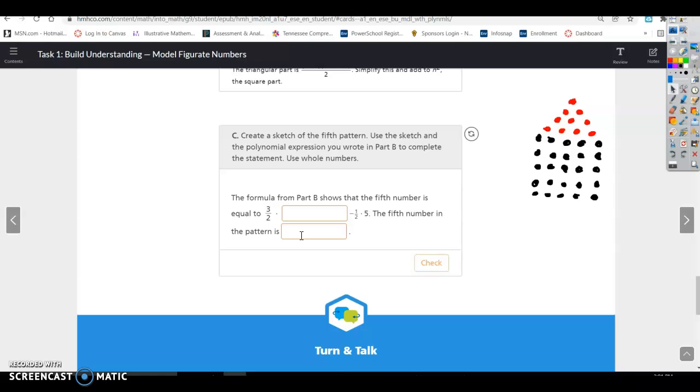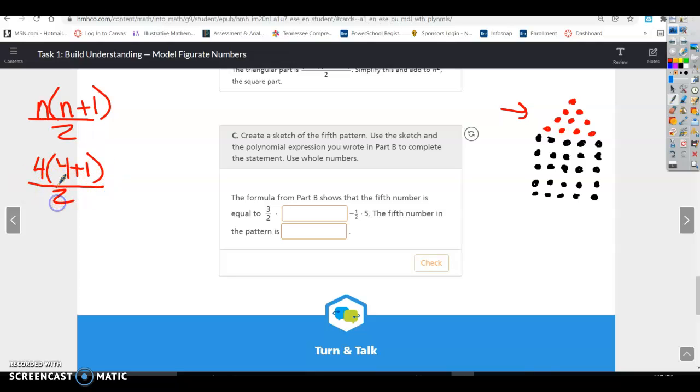All right, so let's look at what we have here. We know the top part comes from n times n plus 1 over 2, and so I can say we've got our fourth row, so we've got 4 plus 1, and then we divide that by 2. So 4 plus 1 is 5, so 4 times 5 over 2, or 20 divided by 2, which is 10.